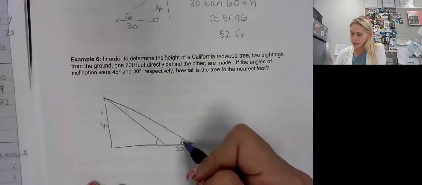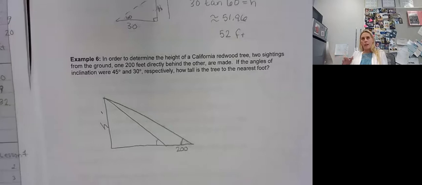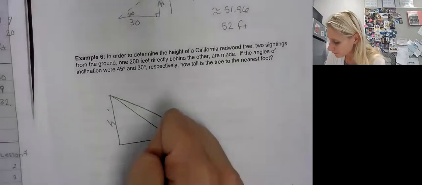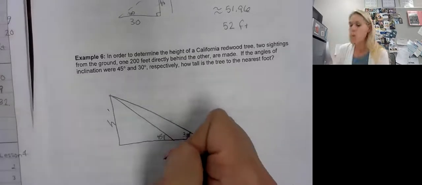This one is actually smaller. Because you've got to think, if you're further away, that angle coming up is down more. Where the closer you are, the more your head looks up, right? Okay, so this is 45 and this is 30. What is our problem?